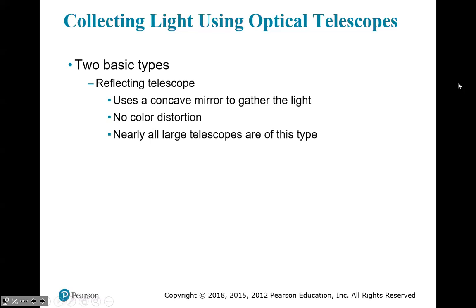And nearly all large telescopes are of this type. It's just much more straightforward to build a really big mirror than to build a really big lens. And you can support the mirror from the back, and only one side needs to be up to optical standards.